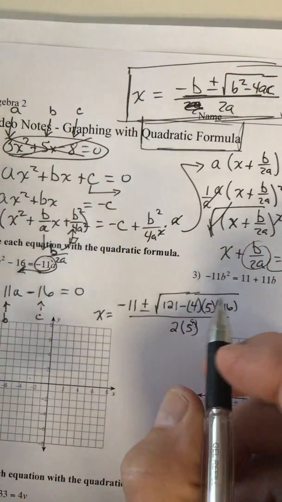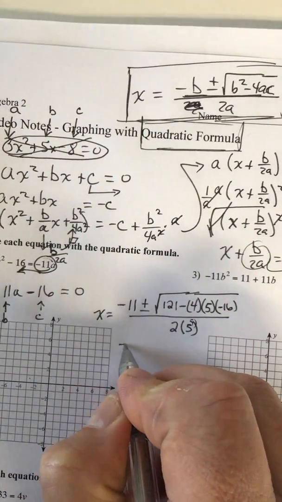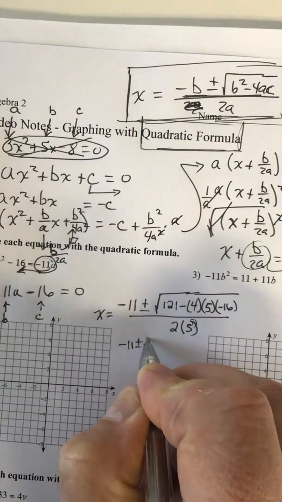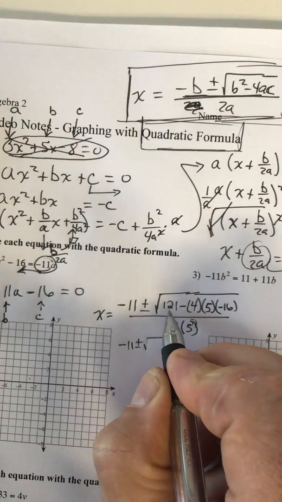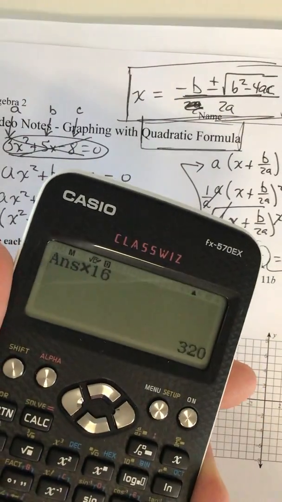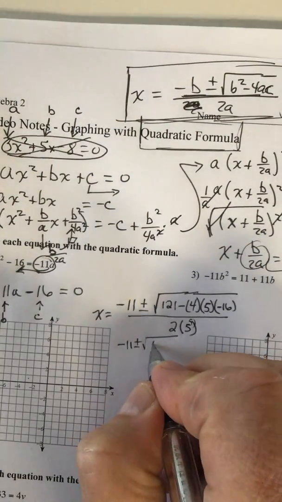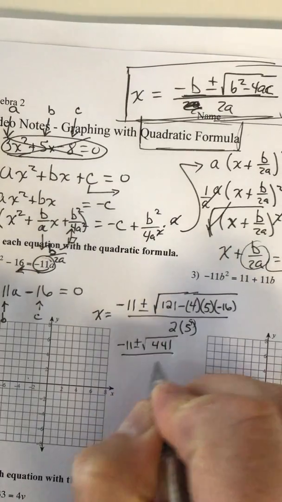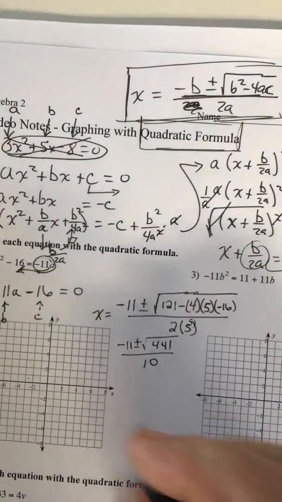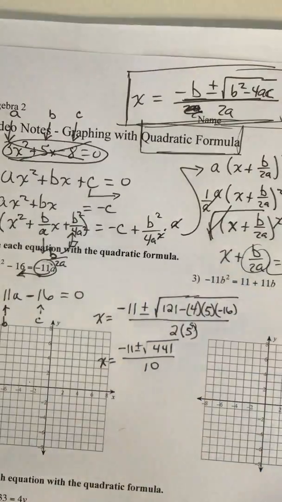Okay, 320. So this is negative 11 plus or minus the square root of 121 minus negative 320. So I'm going to add 121 to that. So it's 441, all divided by 10. Okay, those are the values for x.